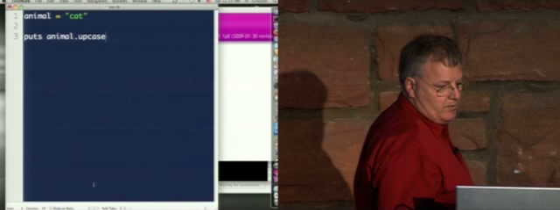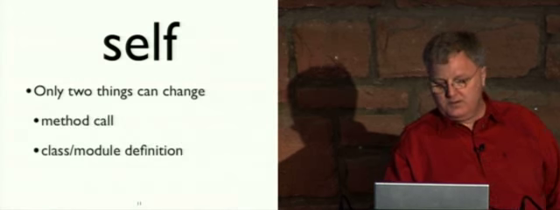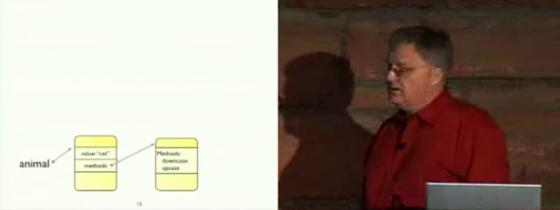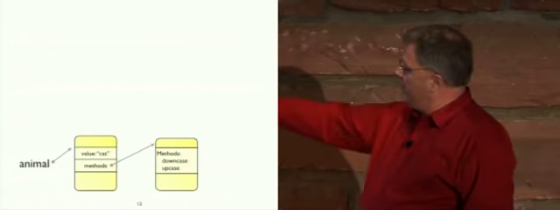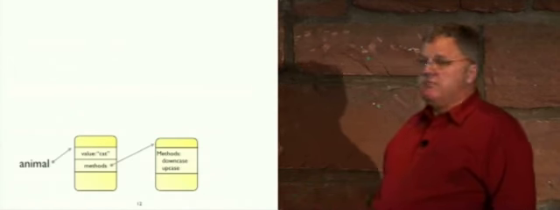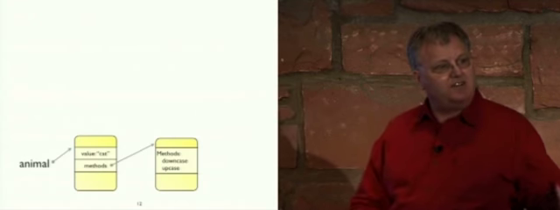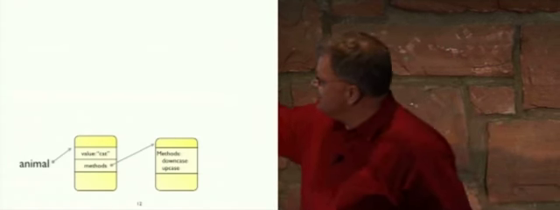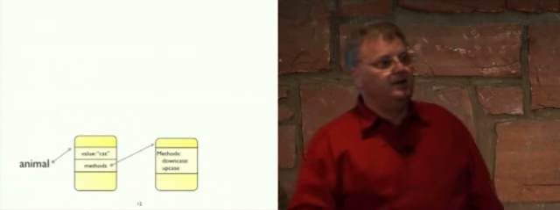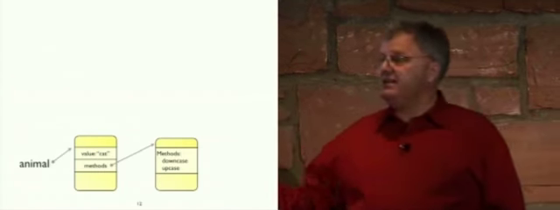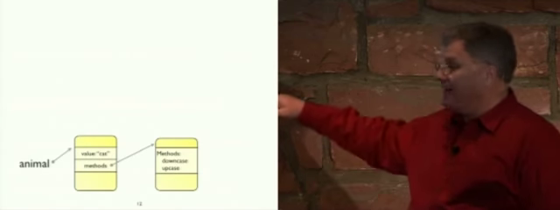Let's go have a look at what's actually happening behind the scenes here. There's our animal variable, and it's referencing some object. And the object has state and behavior. So the state of our object is the string value cat. It's a sequence of characters, C-A-T. At this point, we're no longer talking about Ruby objects, we're talking about actual characters.